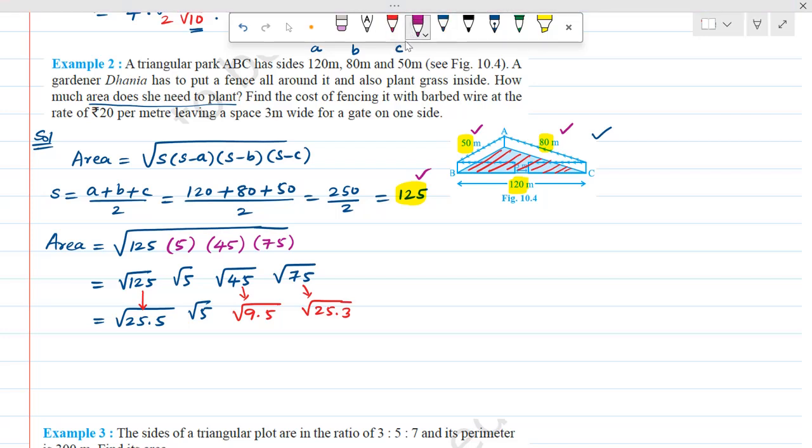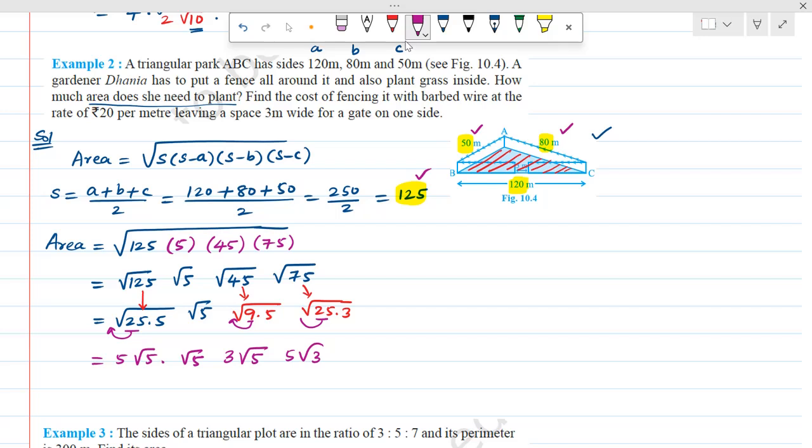Now I will take it outside. What is this one? 25. If you apply this, you will get 5 root 5 inside as it is, into root 5 as it is here. Now here, if you take this outside the root, you will get 3 root 5. And here, this is 5 root 3. So this is the easy way.